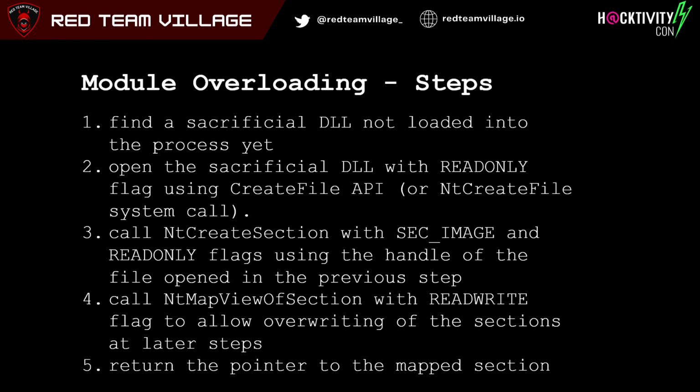If you notice, we called the NtCreateSection system call with the SEC_IMAGE flag. So, since we are creating a memory region with this flag, and then we map this region into memory, we will see that it appears as a legit DLL loaded by Windows. Finally, the last step is just to return the pointer to the mapped section.